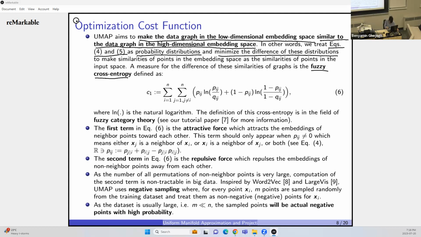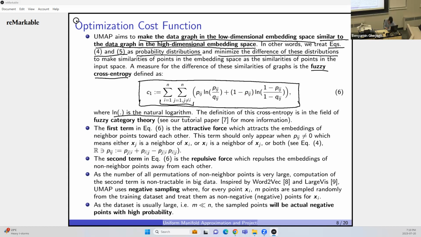So what is this? This is a cost or loss function in UMAP. We have a double summation because we have pairs of points. We have Pij times the natural logarithm of Pij over Qij, plus 1 minus Pij times the natural logarithm of 1 minus Pij over 1 minus Qij. Ln here is the natural logarithm. This is called fuzzy cross entropy.